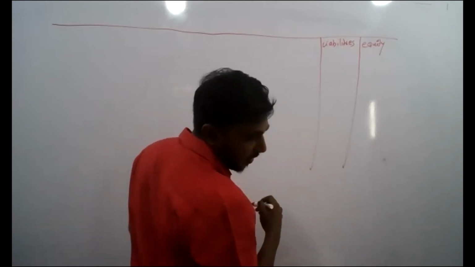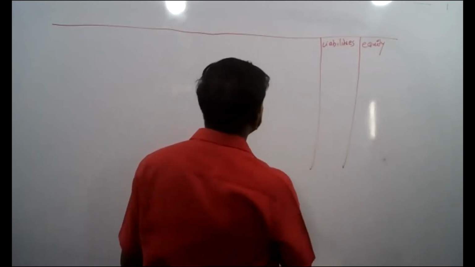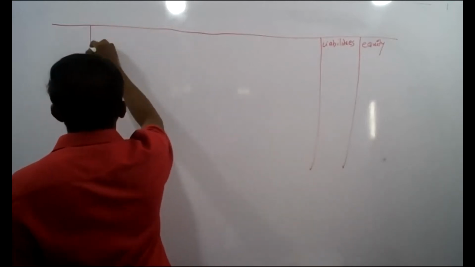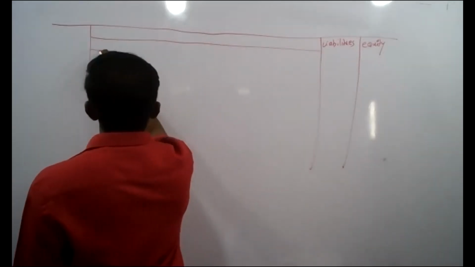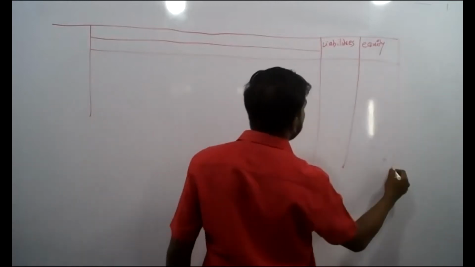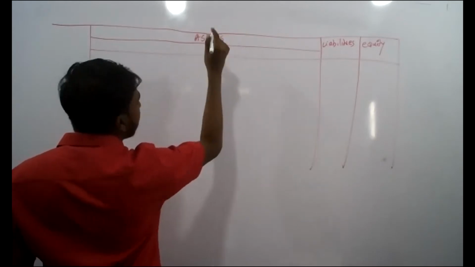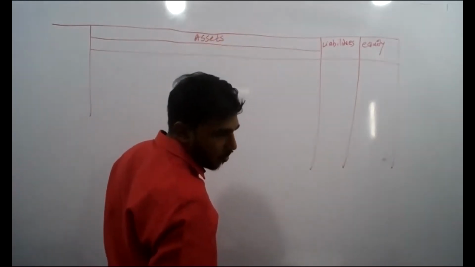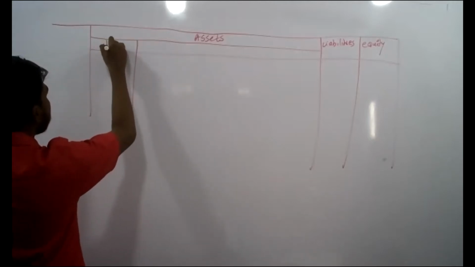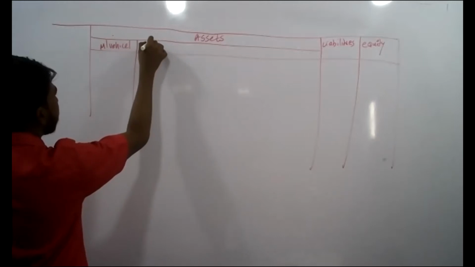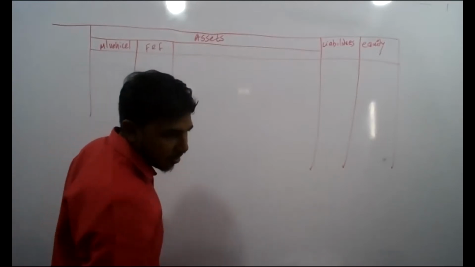One, two, three. How many assets? 1, 2, 3, 4, 5. Assets: motor vehicles, furniture and fittings.